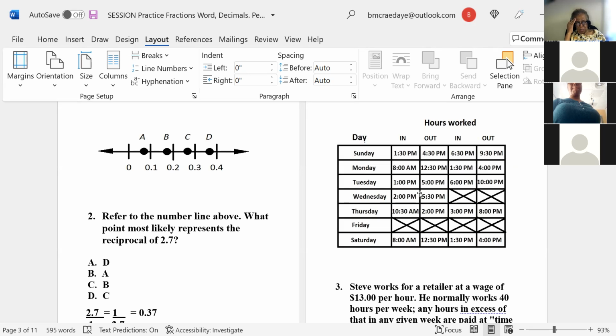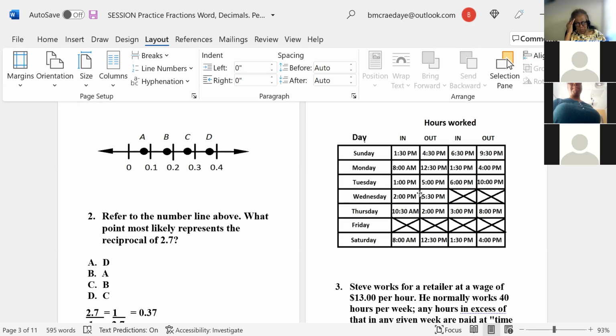4.5. What's 1:30 to 4? That's 3.5. No, it's not. 2:30, 3:30, 2 hours, then a half hour. It's 2.5. So what's the total for Saturday, Maureen? 9 hours?